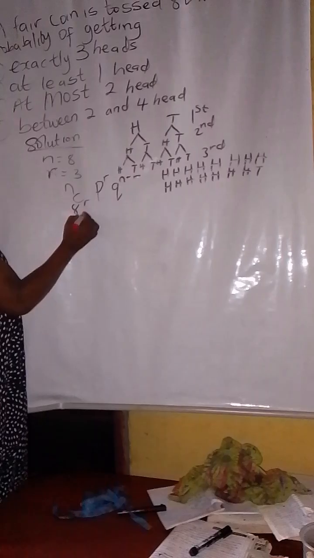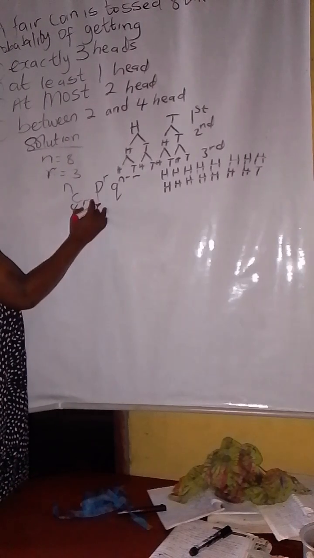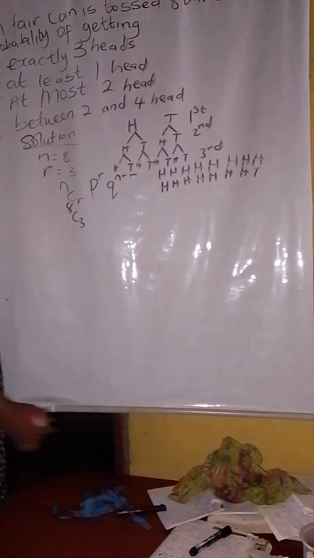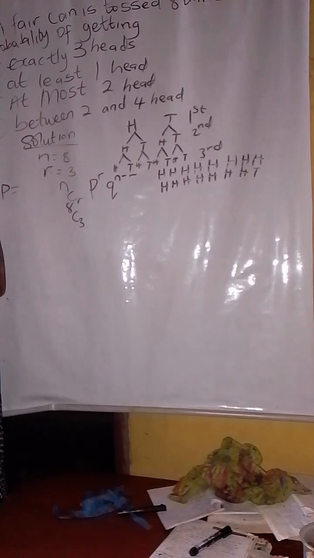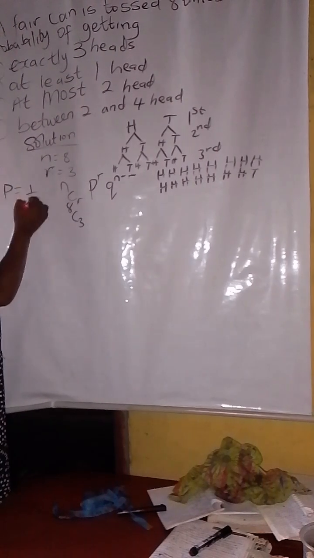We have 8 combination 3. Your p is the probability of a head. For a coin there are just 2 outcomes, H and T. So the probability of a head is 1 over 2.